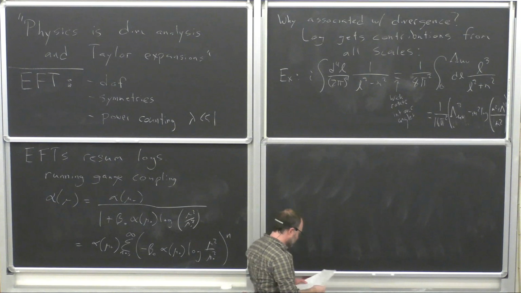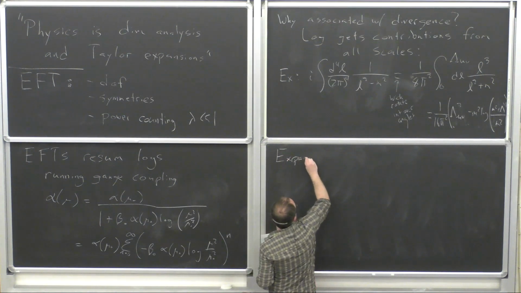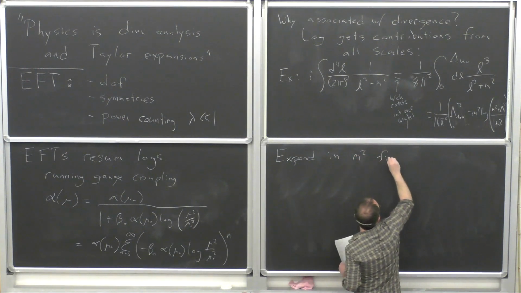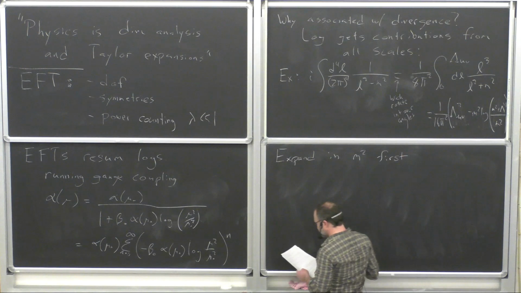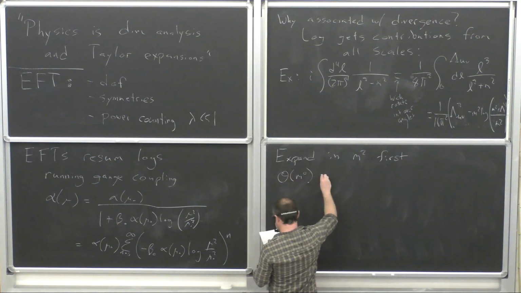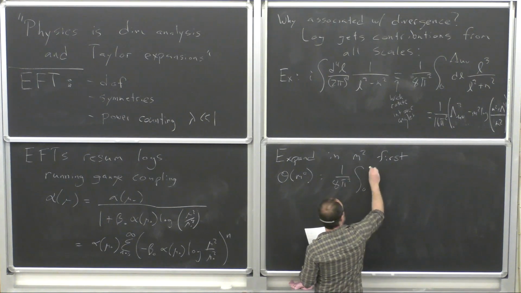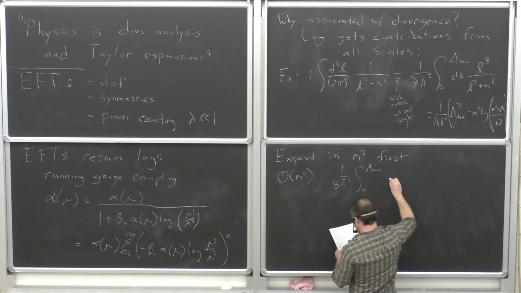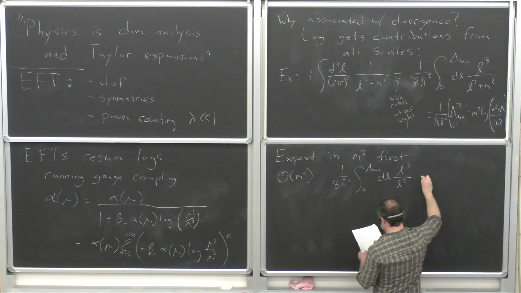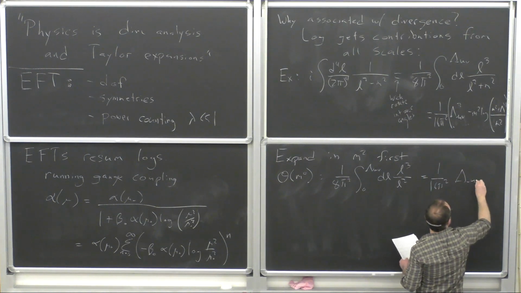So we expand in M squared first before we integrate. At order M to the 0, we have 1 over 8 pi squared integral from 0 to lambda UV dL L cubed over L squared, and that's 1 over 16 pi squared lambda UV squared.